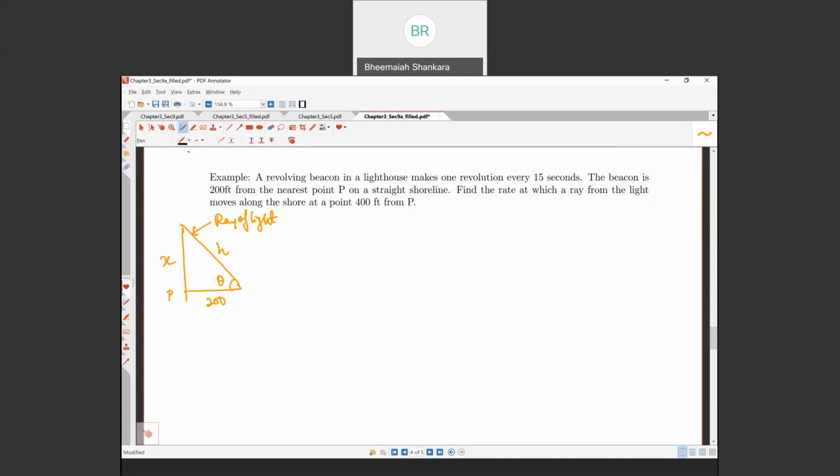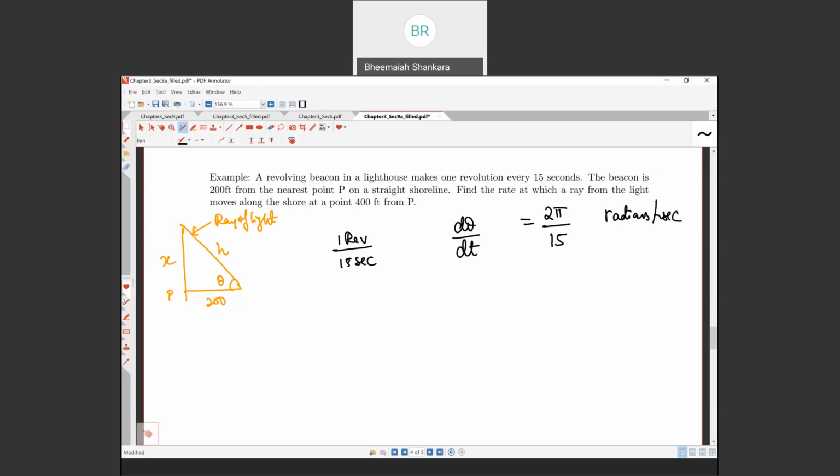So we are given the rate at which the angle changes. We know it's one revolution per 15 seconds. So we're going to write d theta over dt as 2 pi divided by 15. 2 pi is one revolution, and the measurement units will be radians per second.